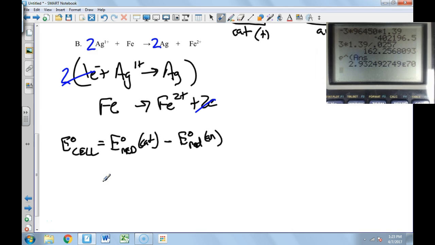We need to figure out what the cathode and the anode are, and we do that by determining what's being reduced and what's being oxidized. So this is being reduced, this is being oxidized. So this is the reduction, this is the oxidation. So this is the cathode, this is the anode. Now all we have to do is look up the values for silver and iron.